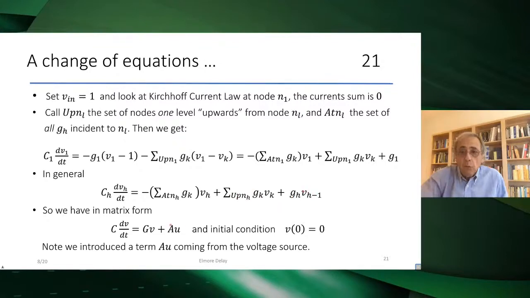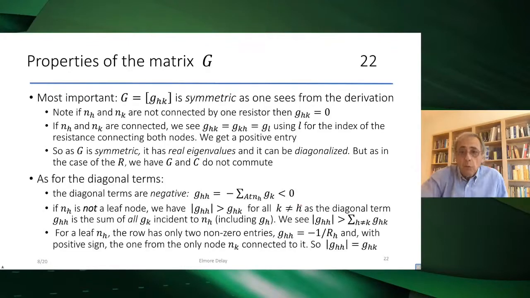So if we write this in matrix form, it's very similar, but instead of RC dV/dt, I'm putting C dV/dt equals GV plus these terms coming from the initial condition that I wrote, A times U, initial condition V0. The term AU will make it explicit. It's very simple. As you can imagine, it's a constant because of that. But this equation allows us to do some nice things.